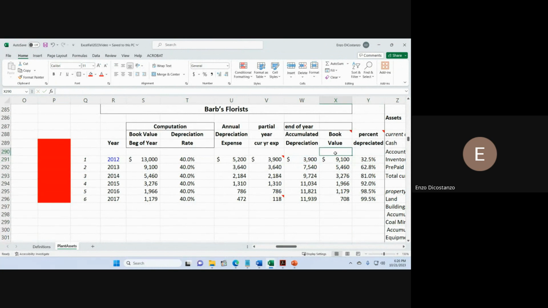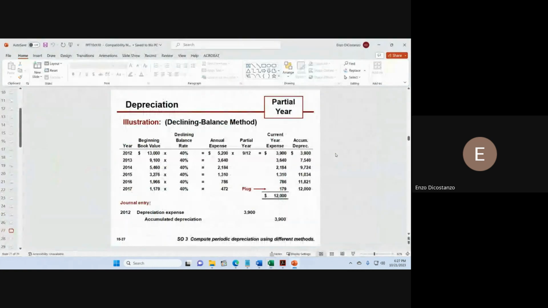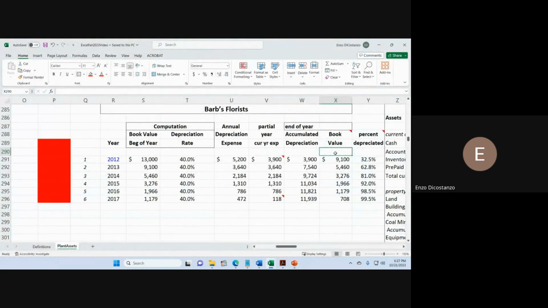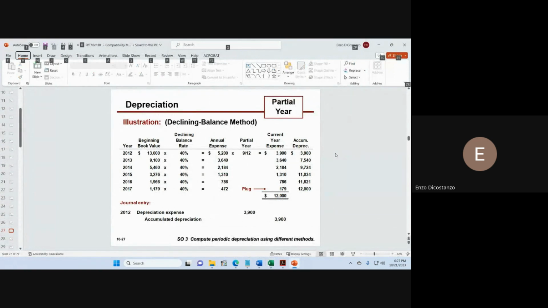Okay. Now you don't have books. The PowerPoints don't give you the book, but accumulates 39, and the next one is 36, 284.